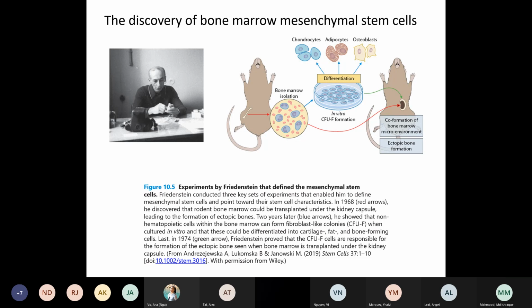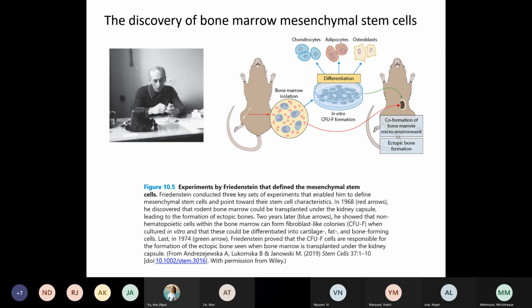Two years later, he found that if you plate the bone marrow cells, again the whole bone marrow, and collect the cells, some cells will attach, some cells will not attach. The cells that easily attach to the culture surface are different from hematopoietic stem cells, which we described in the previous lecture.